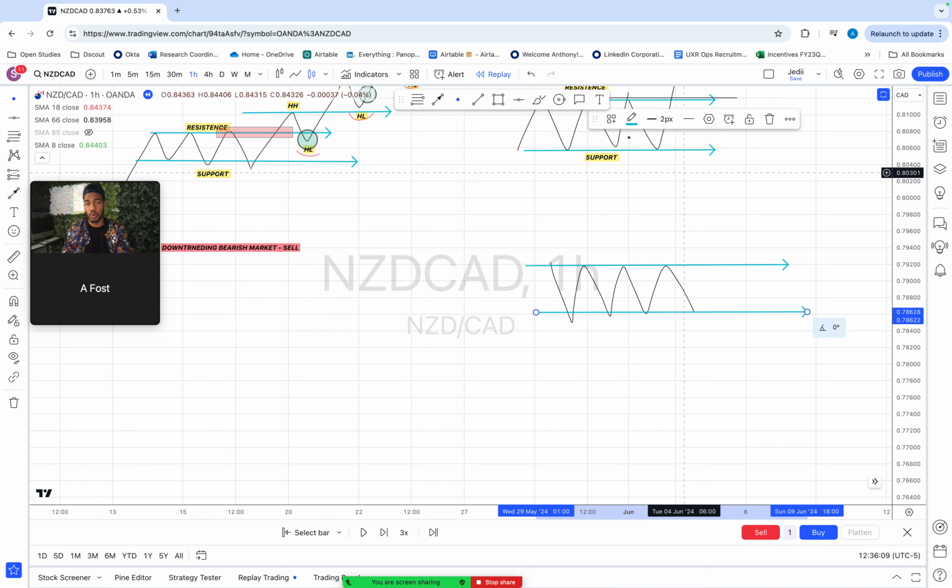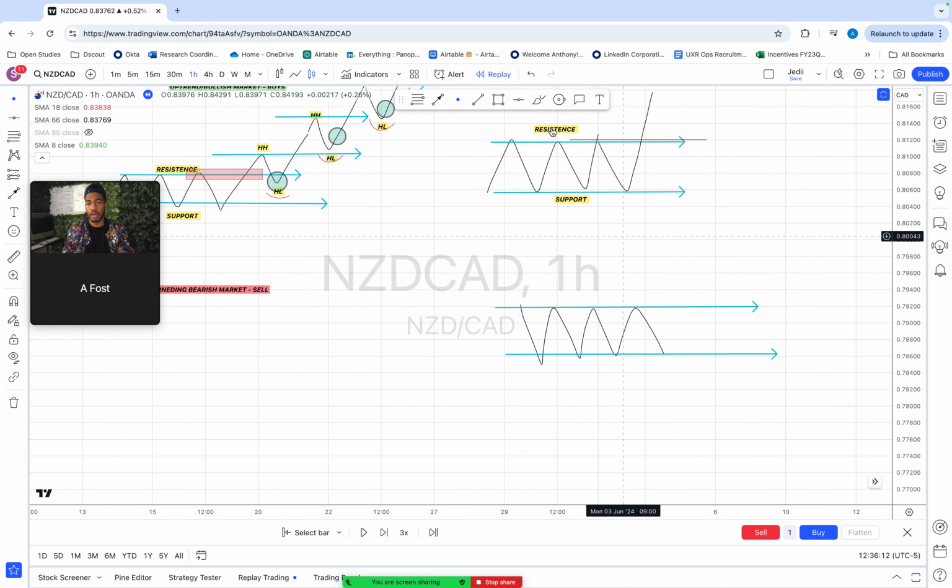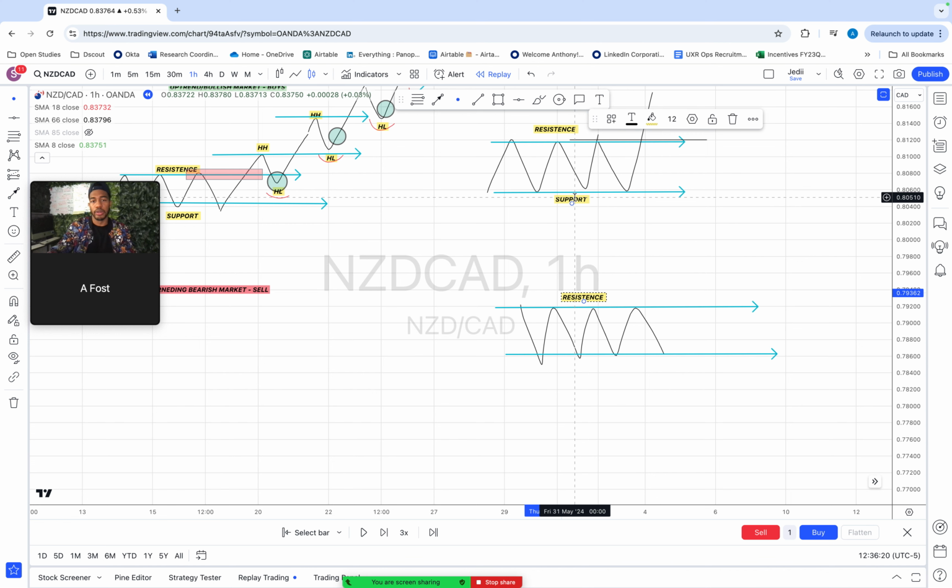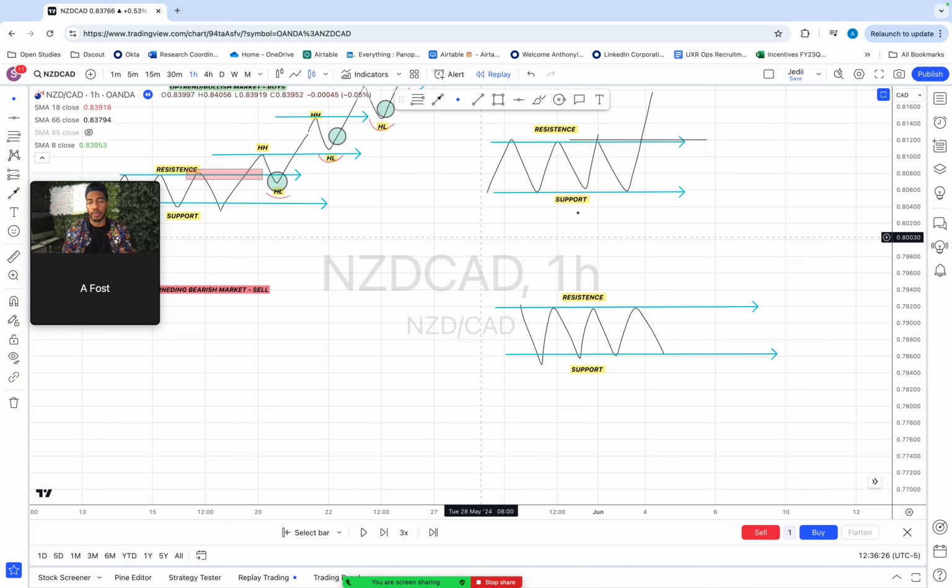The floor, the support, okay? So same exact concept as before. We're in a very similar channel right here. Okay, so the market's respecting it. It came down, and I'll start here. So the market was coming down.